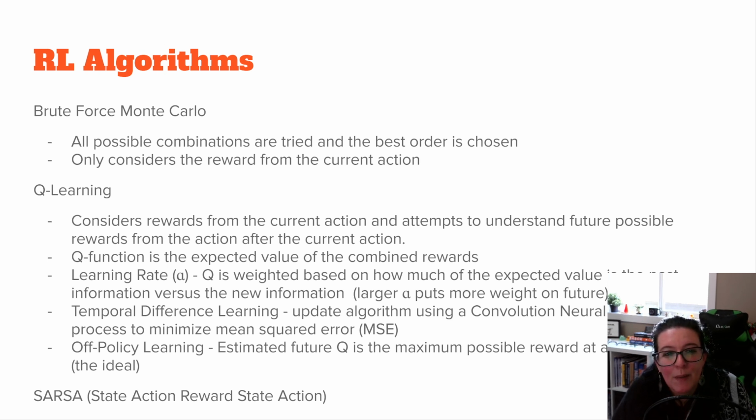There are 2 other methods for reinforcement learning, one called Q-learning and one called SARSA, or State Action Reward State Action. So Q-learning considers rewards from both the current action, so I'm going to go to location A, what do I get in terms of dropping off the deliveries at location A, and it attempts to understand future possible rewards from the actions that will come after the current action.